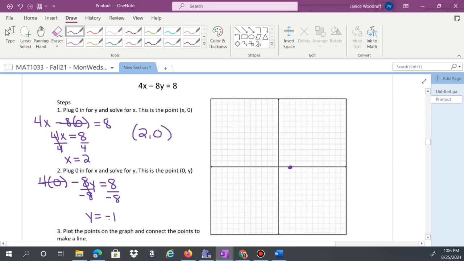That will give you the y-intercept of negative 1, which is the point (0, -1): 0 on the x, negative 1 on the y, right there. Those are the 2 points that need to be marked, and then that will snap to your line that will look like this.